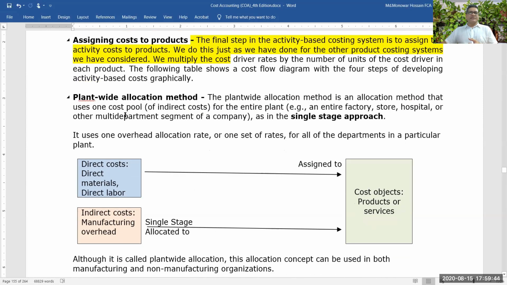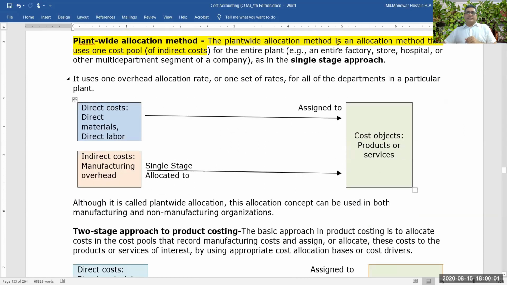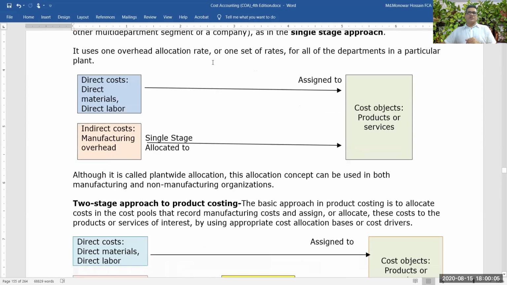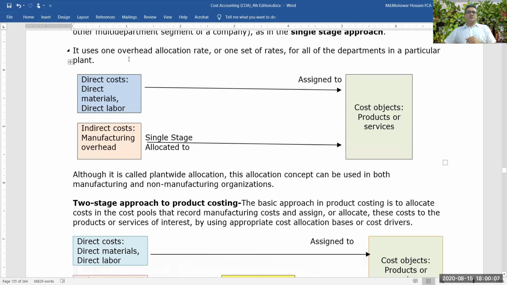And if we see the plant-wide allocation method, which we have also seen in my previous module, the plant-wide allocation method is an allocation method that uses one cost pool of indirect cost for the entire plant. A single-stage approach is used there, so it uses one overhead allocation rate. It's one stage.